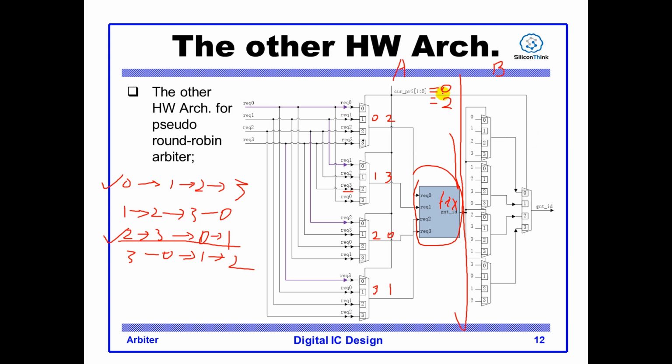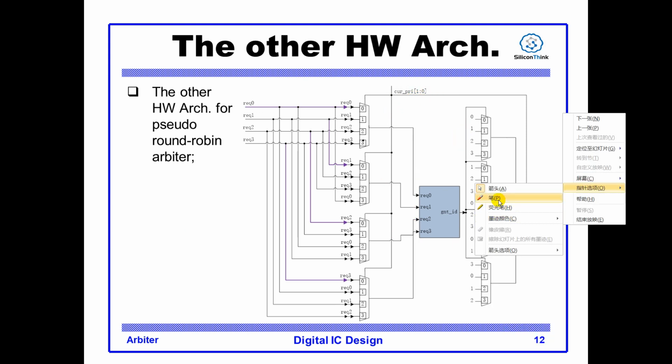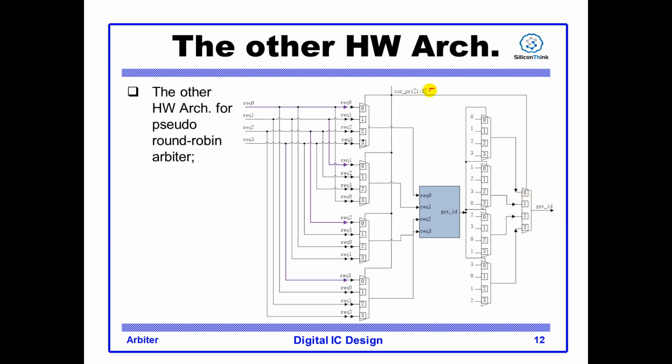Let's also use the example where the current priority equals 0. We assume the ID is 0 and the grant ID here is 1. That means the request 1 gets granted.